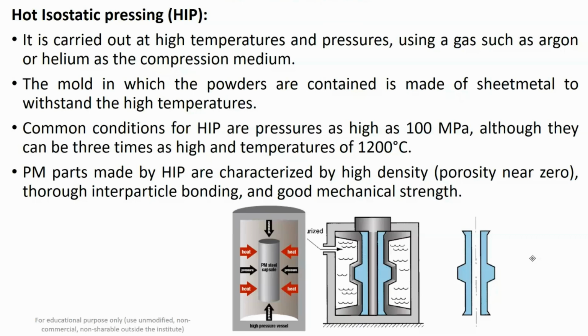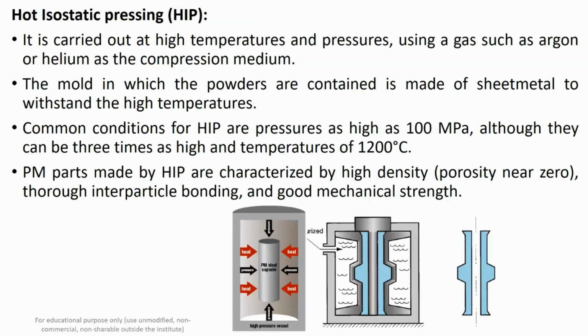And in this case, the mold cavity, earlier it was a rubber mold, but now the rubber cannot sustain such high temperature, therefore you are replacing it with a very thin sheet metal. And these powder metallurgy parts, which are made by hot isostatic pressing, are characterized by high density, and porosity is nearly zero.